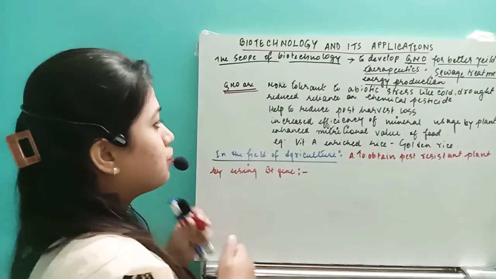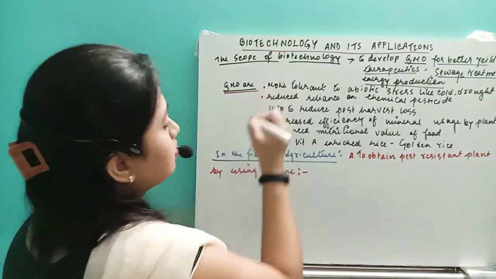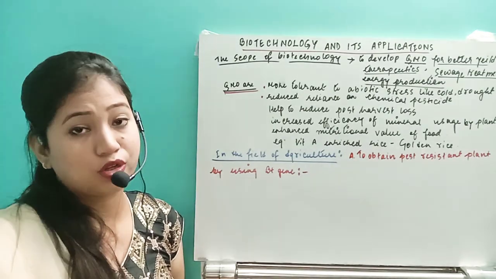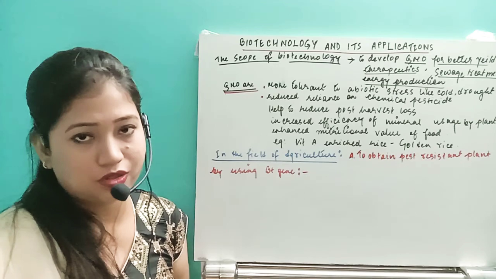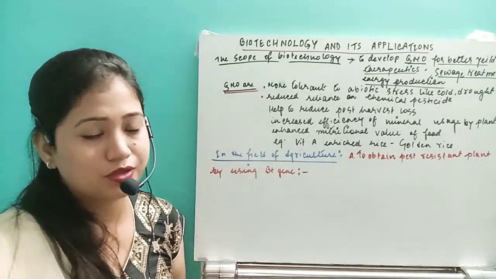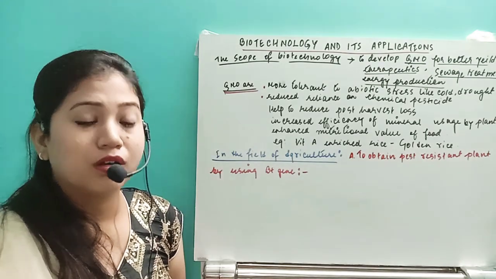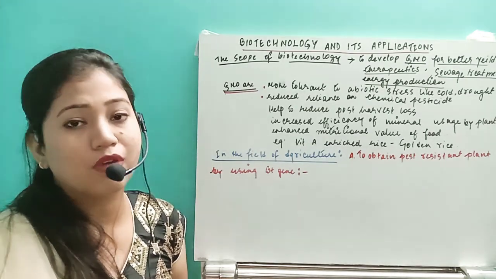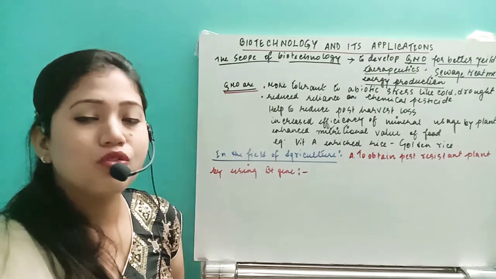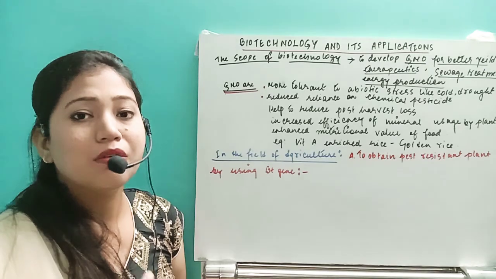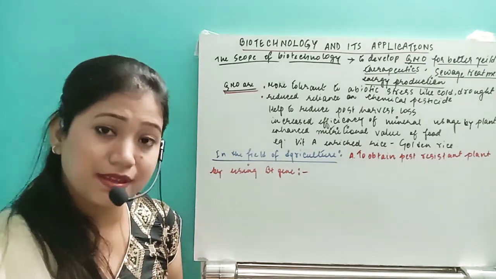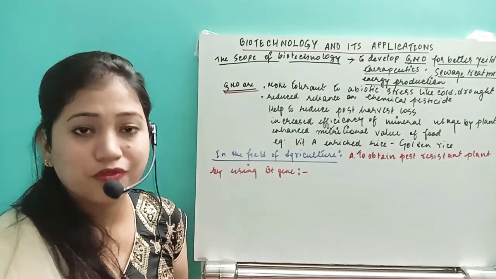Next, it reduces the dependence on chemical pesticides. Whenever we produce a genetically modified organism in agriculture, we are discussing the field of agriculture here, whenever we create one genetically modified plant, seed or fruit, it is formed without the use of any chemical pesticides or chemical fertilizers.